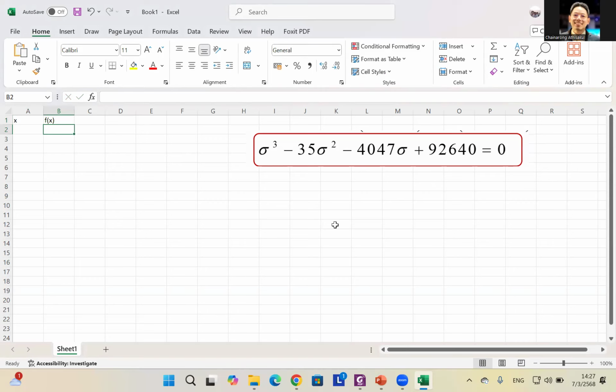Because we don't know what happens for sigma, we may start with maybe 0 or something, that is up to us. Actually it should be sigma, and it is a function of sigma, over here. That is equal to this value.